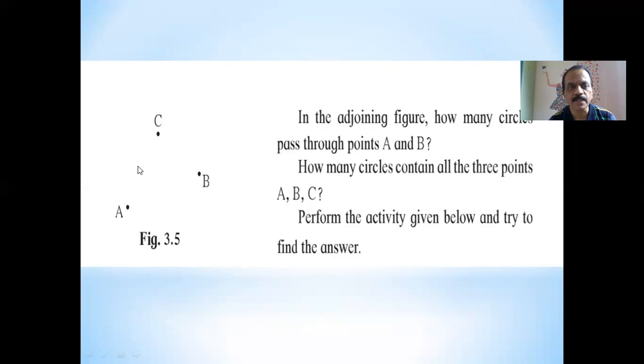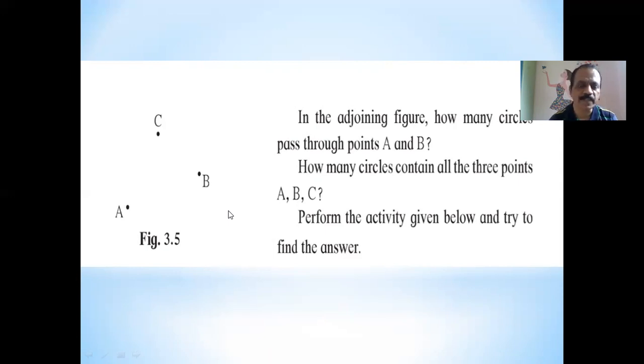Then we take the radius from that point to the end point A of the segment, and we draw a circle which is passing through the given 2 points A and B. Another point we take on this perpendicular bisector, and take the distance from that point to A as the radius, and we draw a circle which is passing through these 2 points. That means so many circles can be drawn through the points A and B.